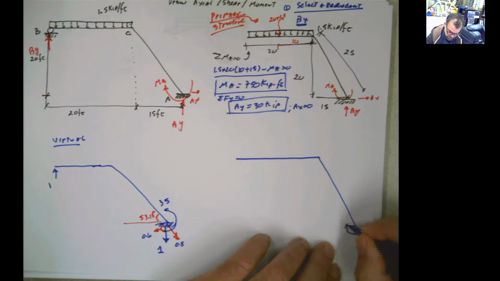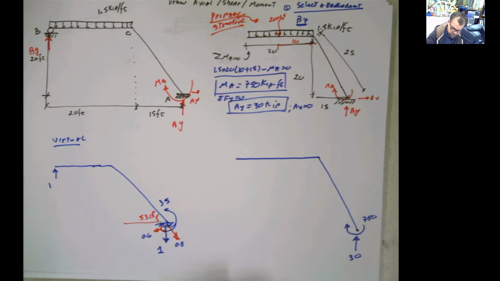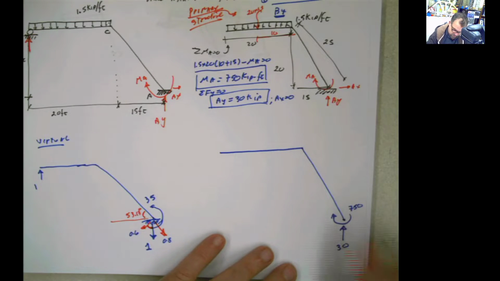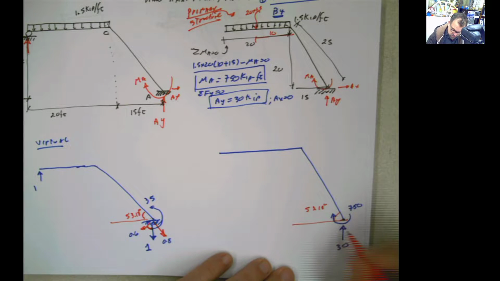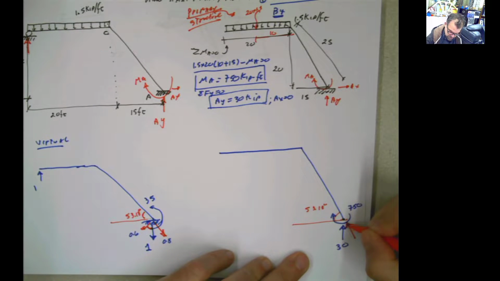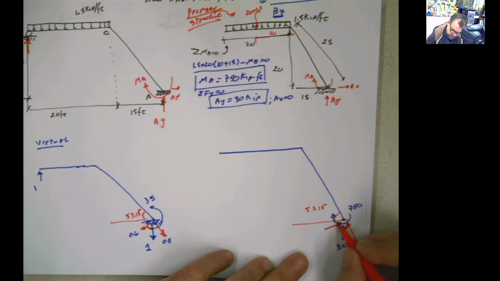So we have this moment, and that moment is 750, and on top of that we have this reaction AY, which is 30. Same approach, same thing. That 30 I have to convert. I know this angle, 53.13 degrees. So that one, I'm gonna decompose it in this one and in that one over there. Same. This angle here, 53.13, because this is 90, this is gonna be 36.87, and because this is 90 again, this is gonna be 53.13.